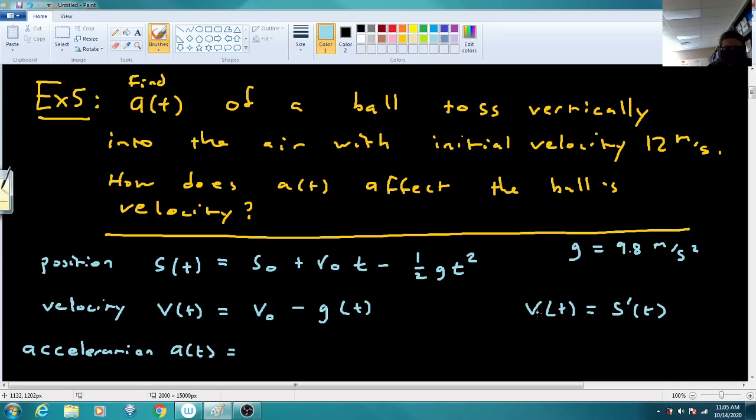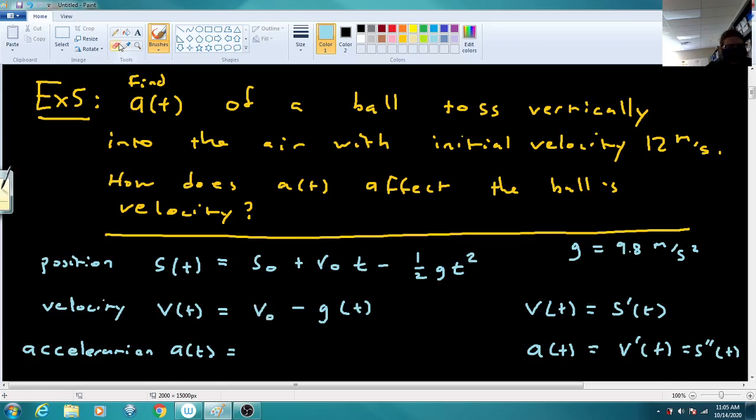So a of t, if you remember that velocity is the derivative of the position function, acceleration is the derivative of the velocity function. It's also the second derivative of position. So instead of taking the second derivative of the position, let's just look at the velocity function and take the derivative of that. V naught is a constant, so that's going to go to 0 when you take its derivative.